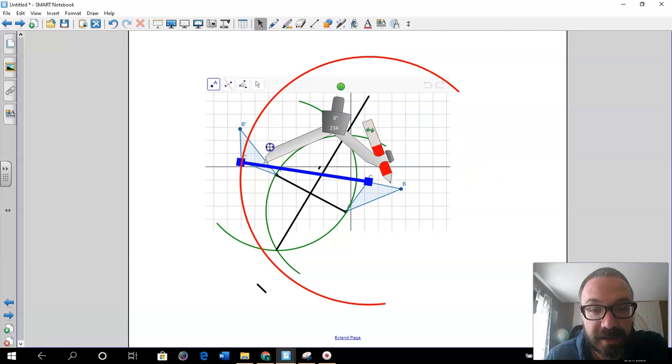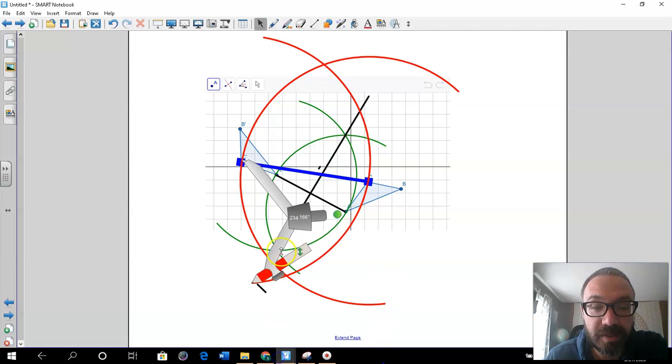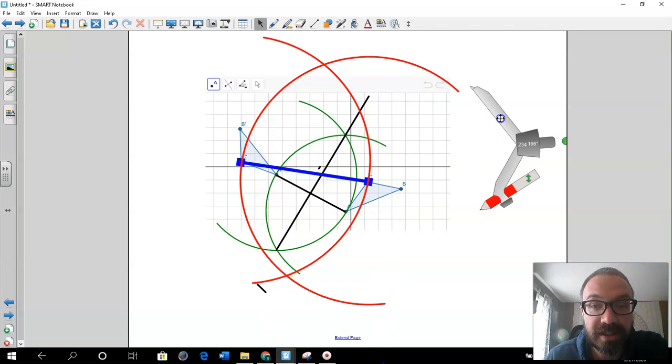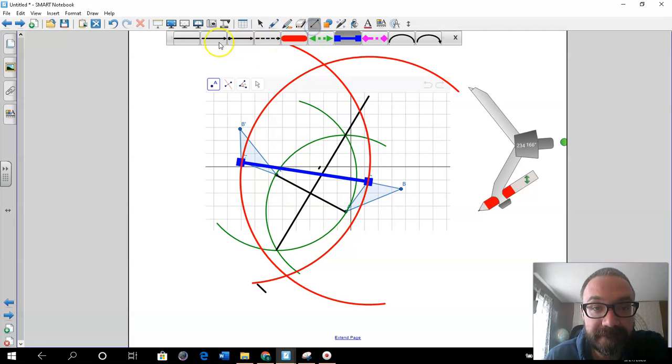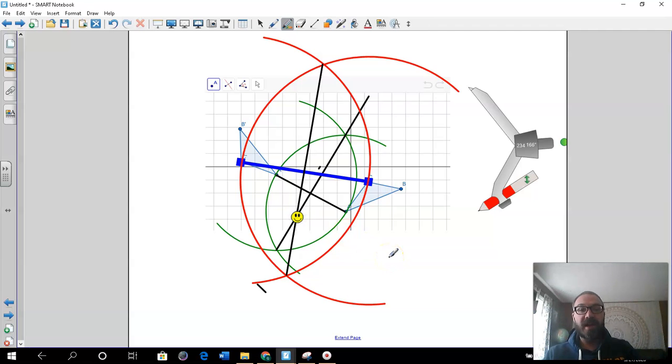So the intersection of these two perpendicular bisectors will be the point of rotation. Well, it wasn't perfect, but okay. So the intersection is here. I'll put a smiley face. Okay. So now that would be the point of rotation.